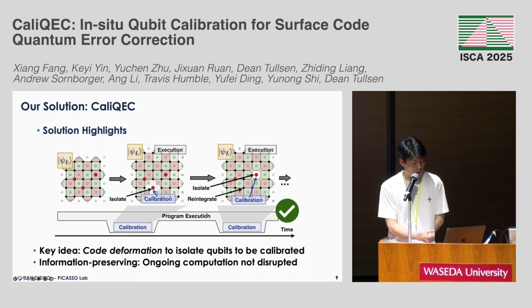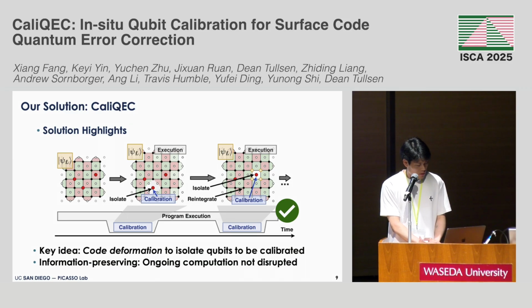It only changes how you encode the information, but doesn't change the encoded quantum information, so it doesn't interrupt the ongoing computation. Since we reduce the qubit redundancy, the QEC capability might be compromised, and that's why we enlarge the code patch to restore the code distance and to maintain the logical error at the target level. After calibration, this qubit can be reintegrated into the system, and we can potentially work on other qubits that need to be calibrated.